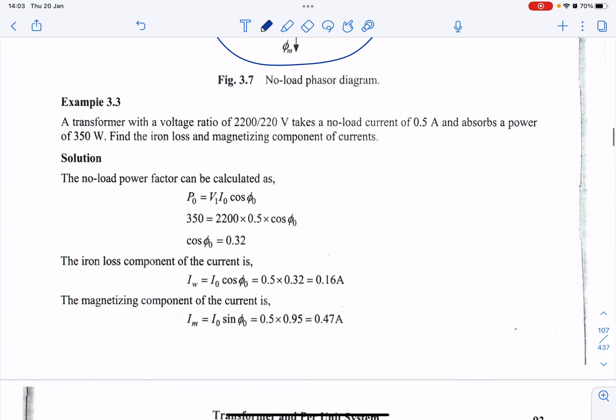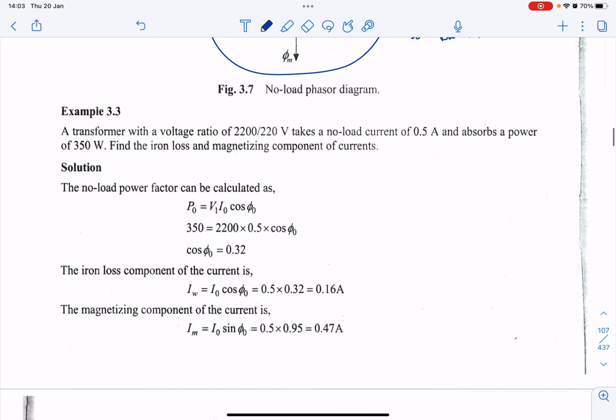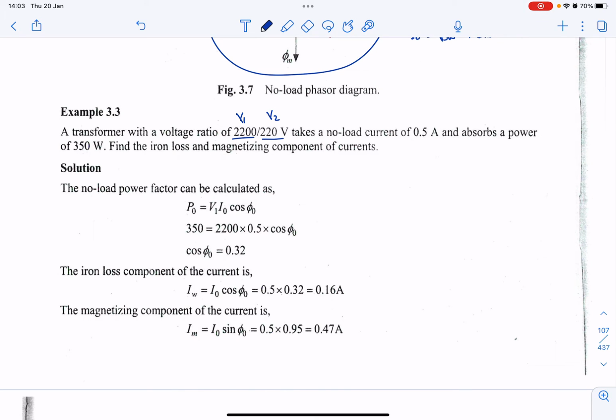So let's look at an example here. A transformer with a voltage ratio of 2200 and 220 volt. So this is your primary side and this is your secondary side. Takes a no load current of 0.5 ampere.